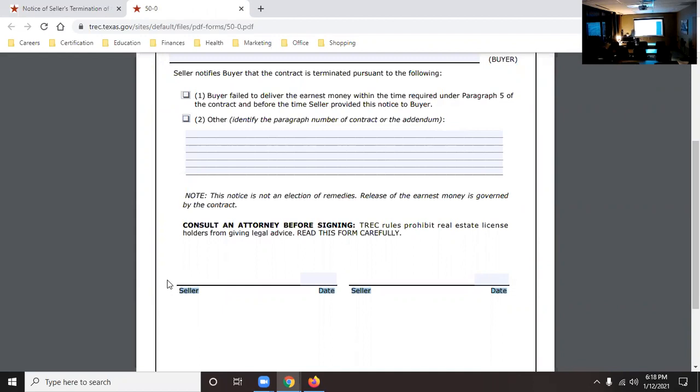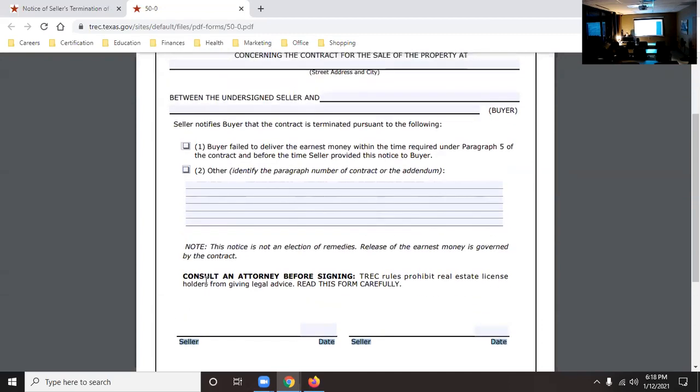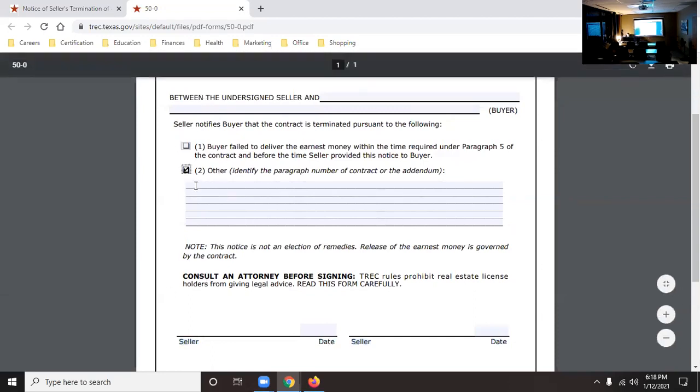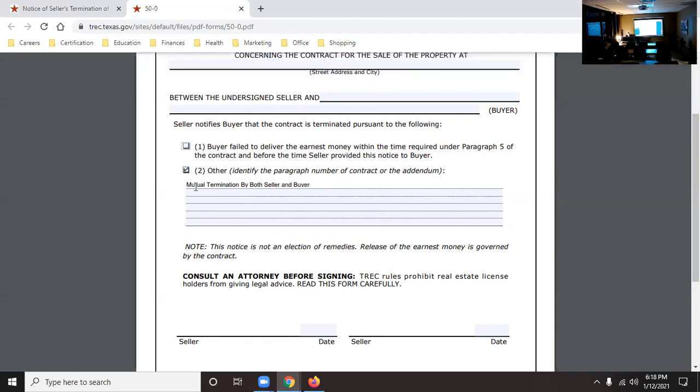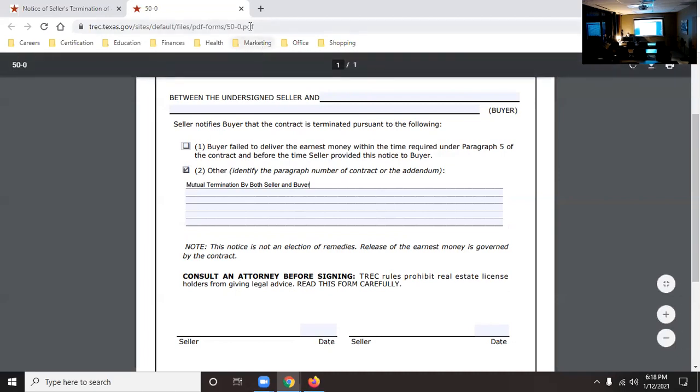So in these situations, understand that you're going to have these different situations overall. But again, if they are going to mutually terminate, you should check the box and put mutual termination by both seller and buyer. It should be on both forms and they should be sent. Okay, that releases each other. However, that only releases the termination. That does not release, guess what, the earnest money.